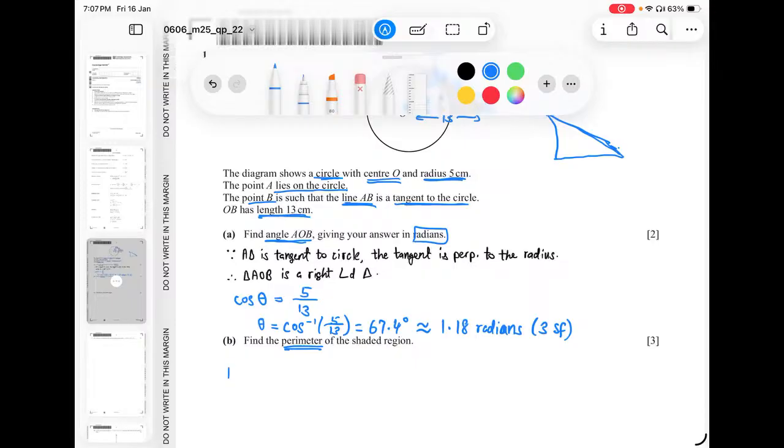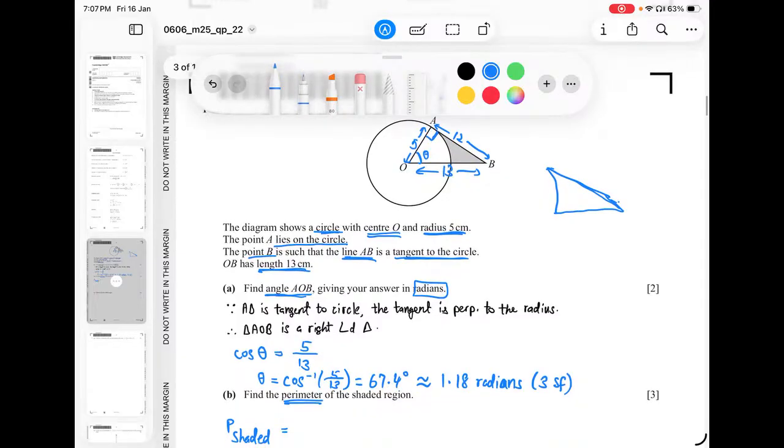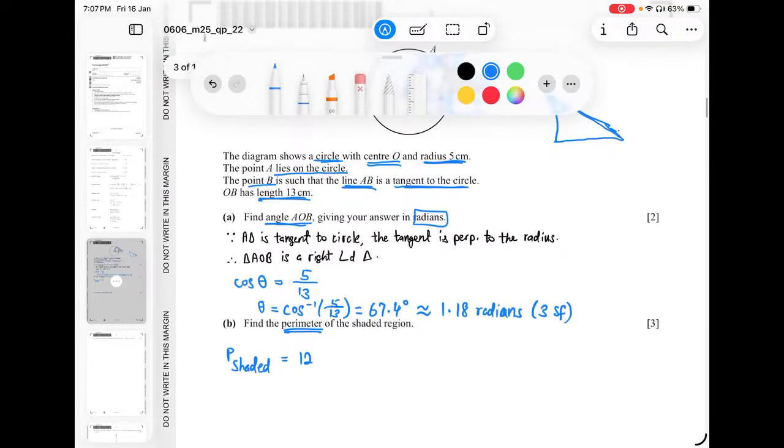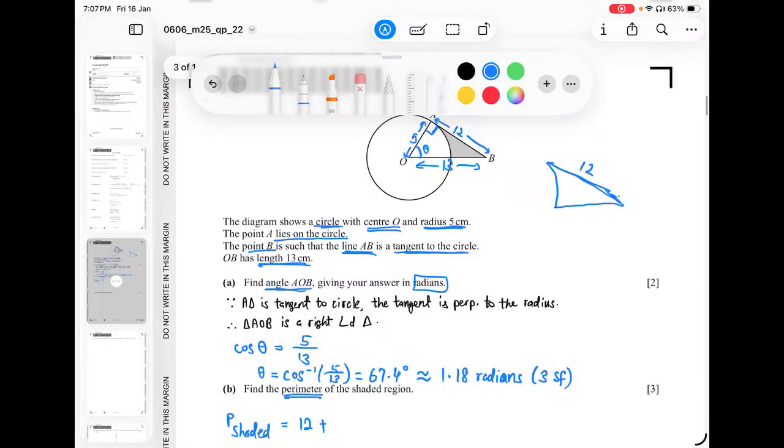So for the perimeter of the shaded region, you just add 12. 12 is your AB. And this portion is going to be 6. How did I get that 6?